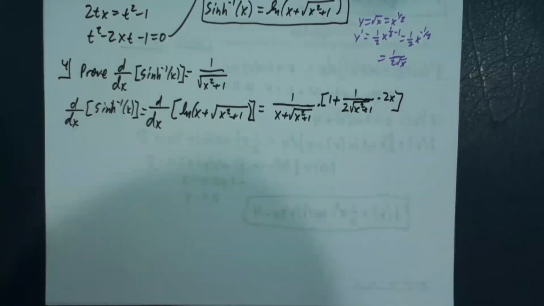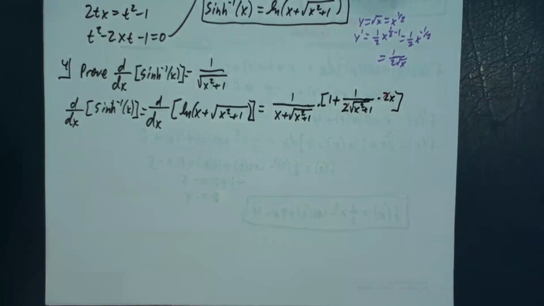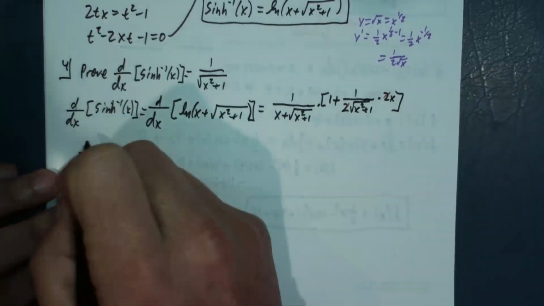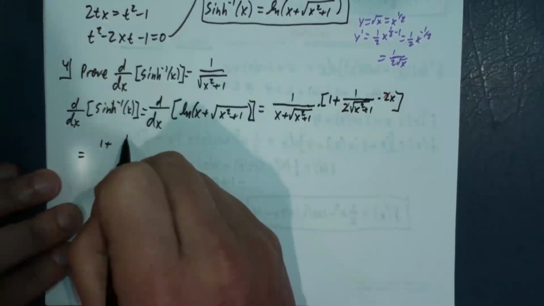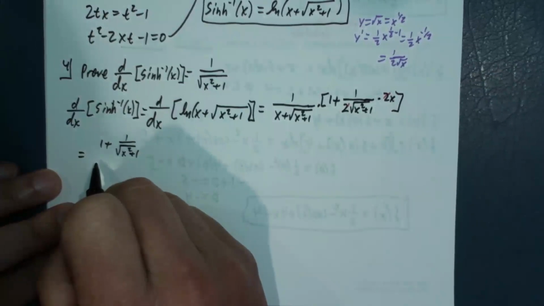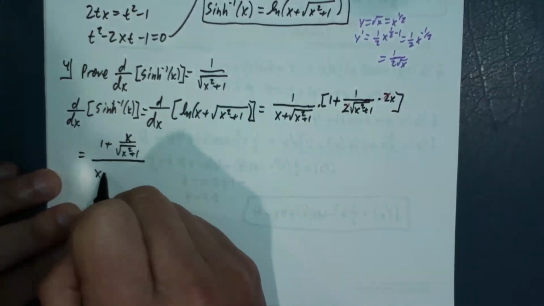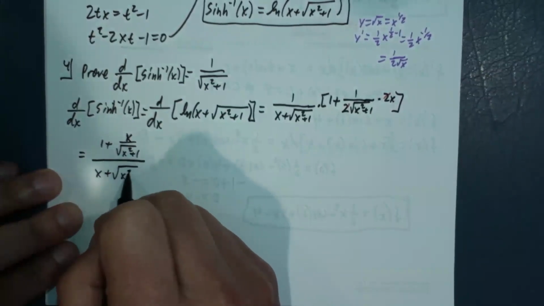I'm going to note that my 2's reduce out. And I end up with 1 plus x over the square root of x squared plus 1, all over x plus the square root of x squared plus 1.